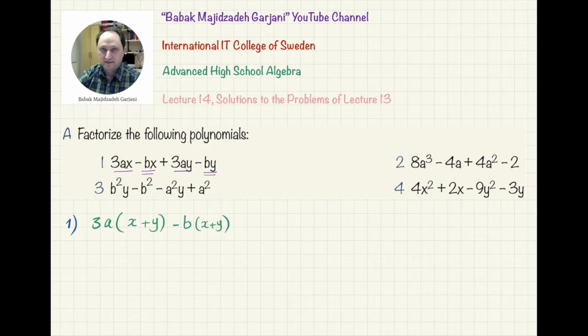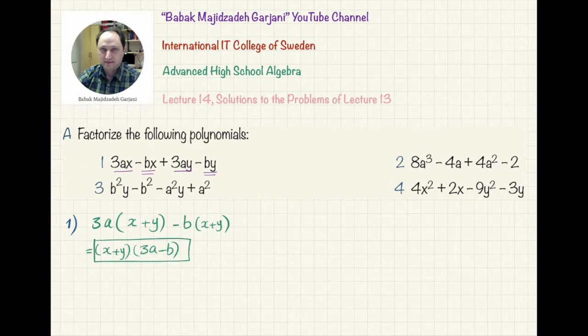So this is a successful grouping because now you can immediately see that a common factor emerges. And I can pull this one out, so it becomes x plus y times 3a minus b. So that is the final answer to this factorization.